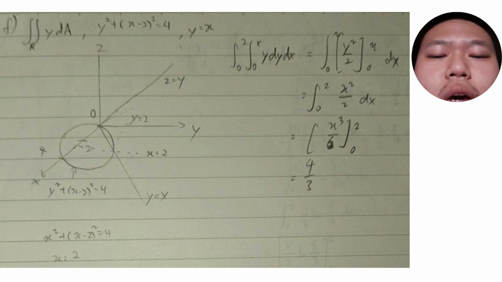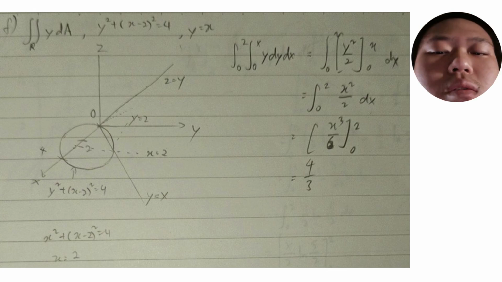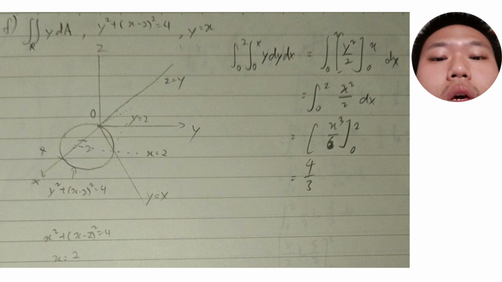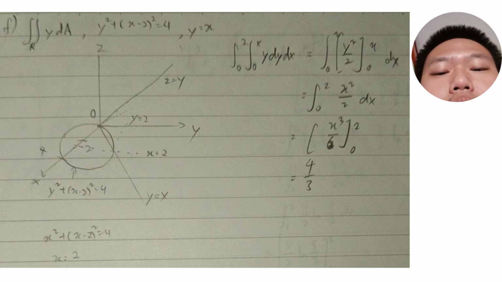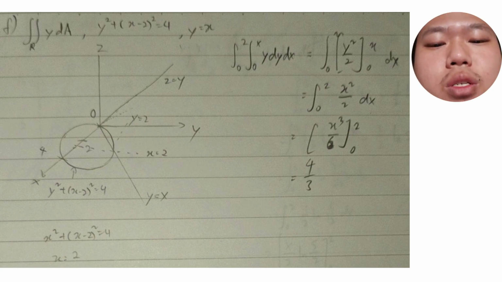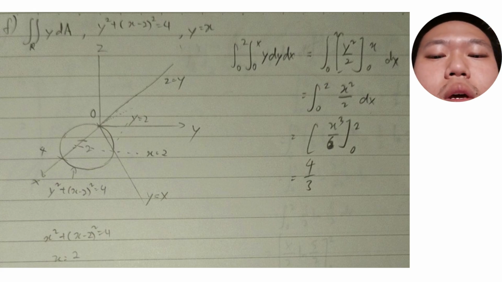Question 5f, we are given a condition that you have to find the area bounded by the circle and the straight line in the first quadrant. So actually the double integral should be 0 to 2, and 0 to y, because if you follow the question, the shaded area will be between the straight line and the curve toward the direction of the y-axis.